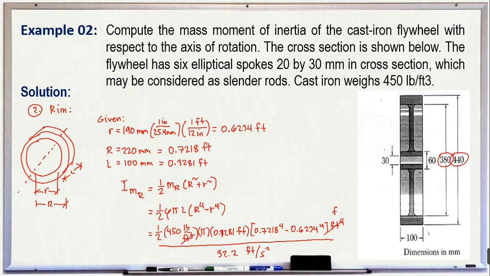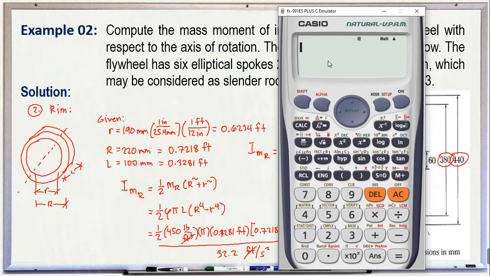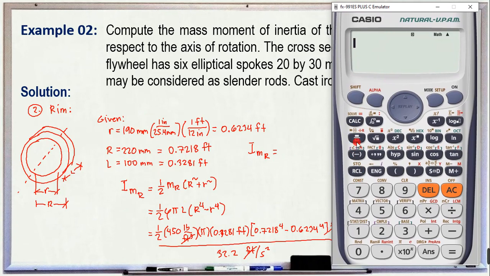Now we have the mass moment of inertia for the rim: 0.5 times 450 times pi, times 0.3281, times 0.7218 raised to the power of 4 minus 0.6234 raised to the power of 4, over 32.2.